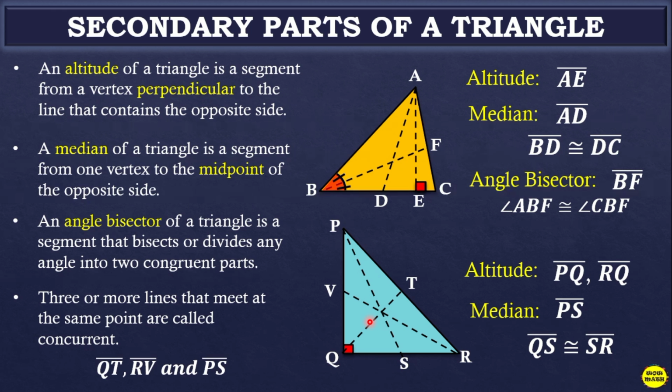And the point of intersection is what we call the point of concurrency. So, in this figure, segment QT, segment RV, and segment PS form concurrent lines. And point O is the point of concurrency.